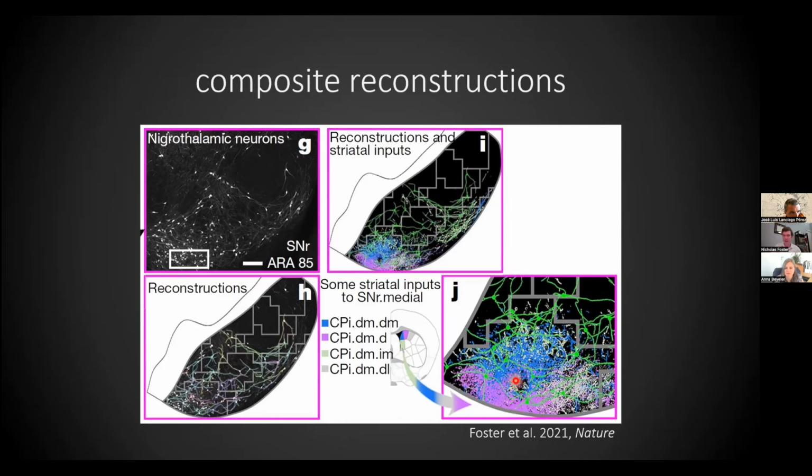But by that same token, it looks to me as though, depending on where that neuron is within this region, it probably receives stronger input from 1 or 2 of these striatal inputs compared to the other 2. So it probably has a preferential innervation from 1 or 2 of these regions.